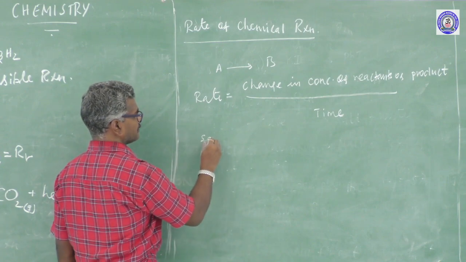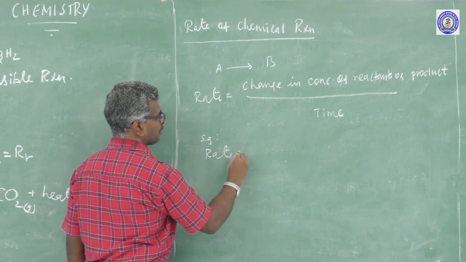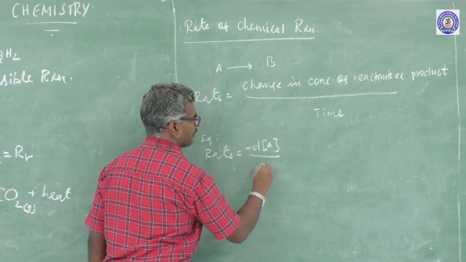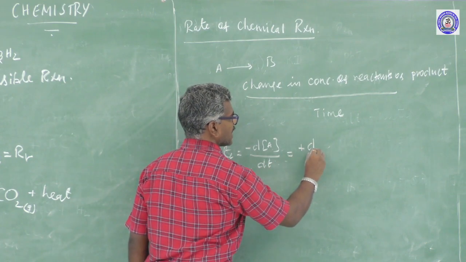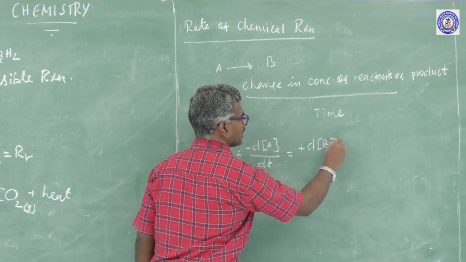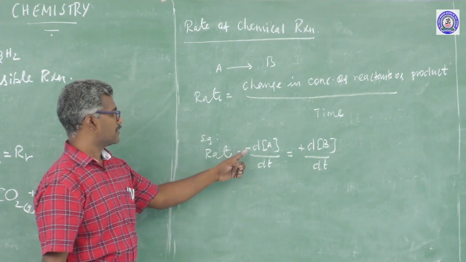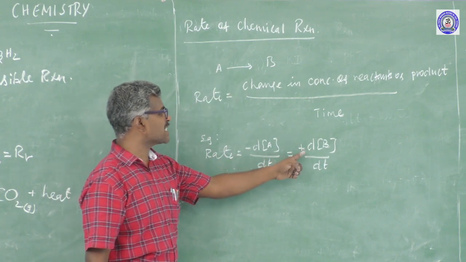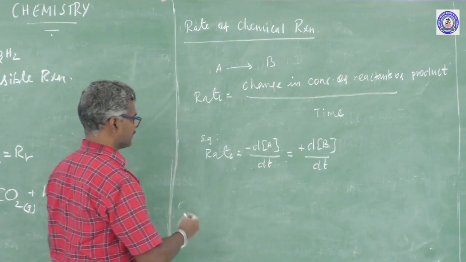For example, for this reaction, rate is equal to minus change in concentration of A divided by change in time, equal to plus change in concentration of B divided by change in time. Here minus indicates the concentration of A decreases, plus indicates the concentration of the product increases.